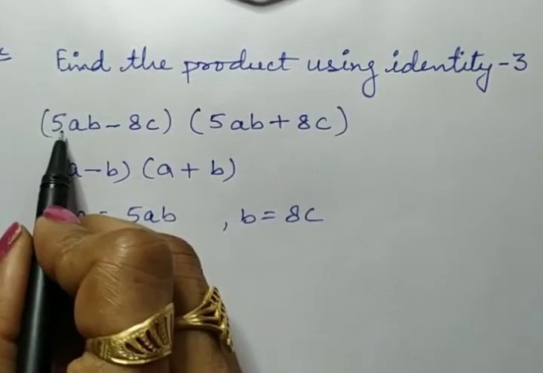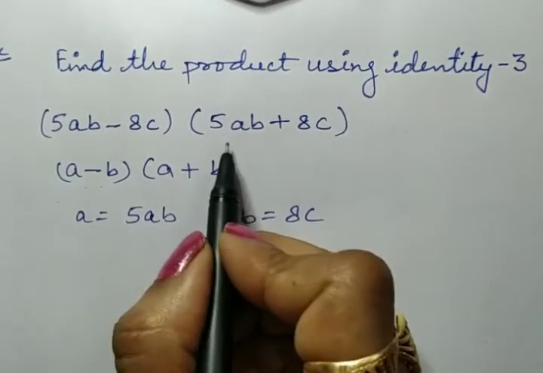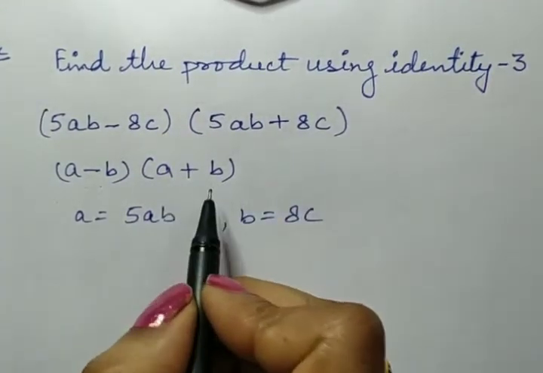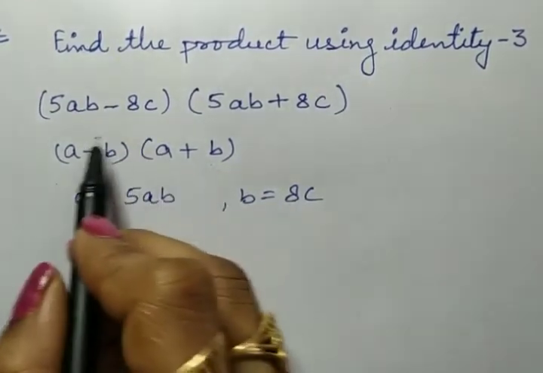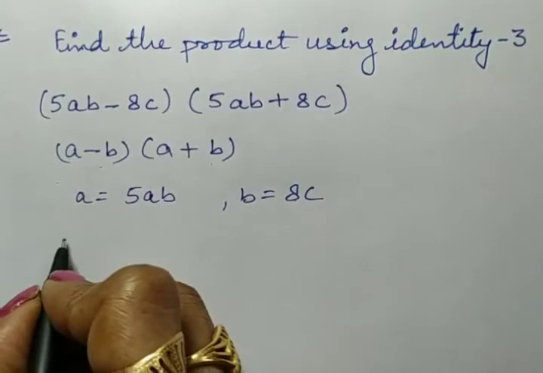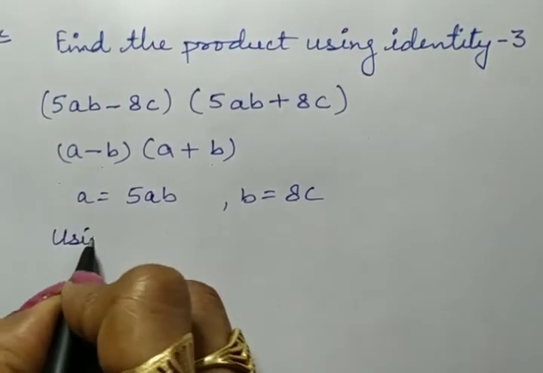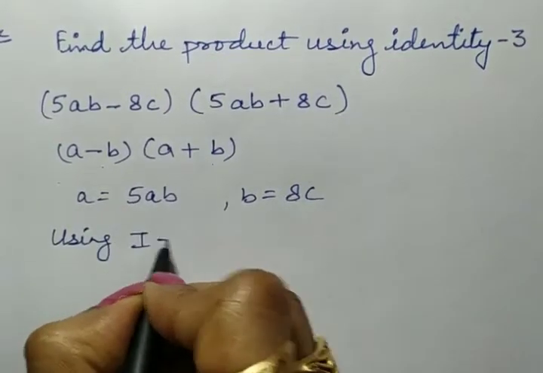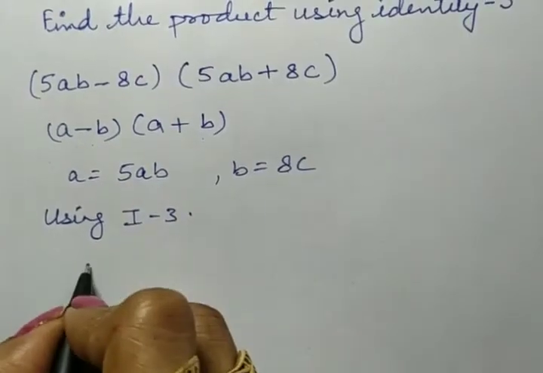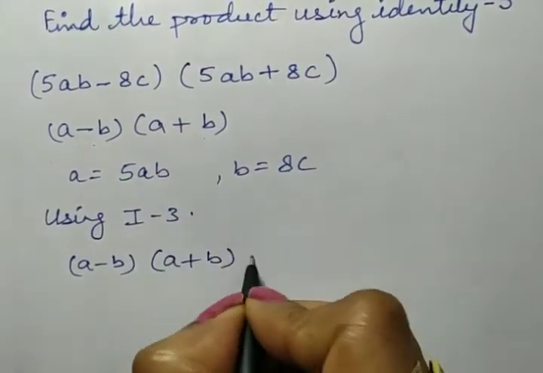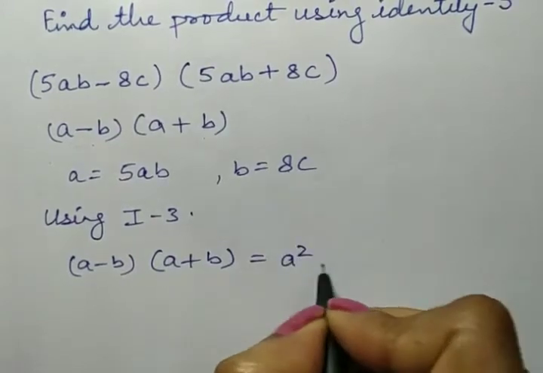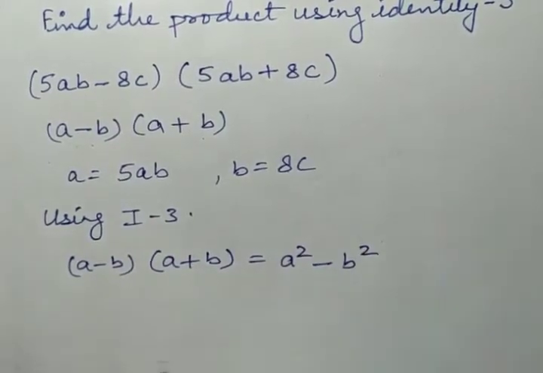This is a minus b and this is a plus b. Now put the values of a and b in the identity. According to identity 3, (a - b) multiplied by (a + b) gives a square minus b square.